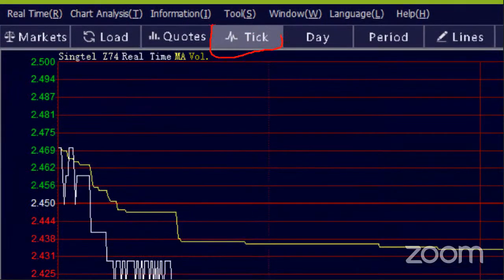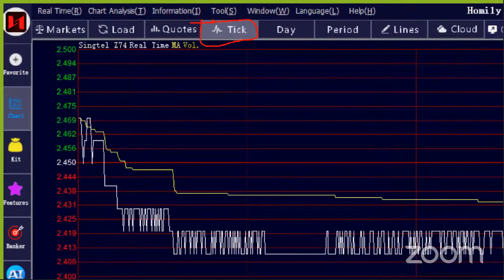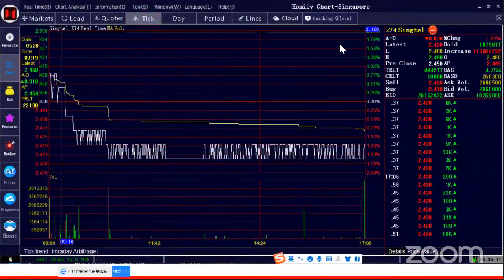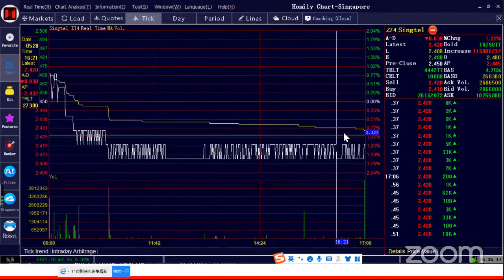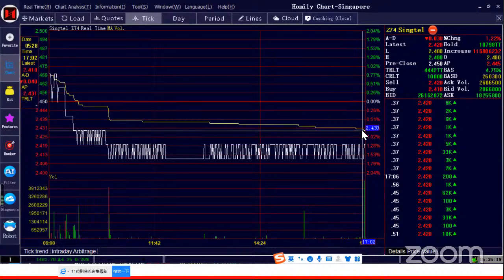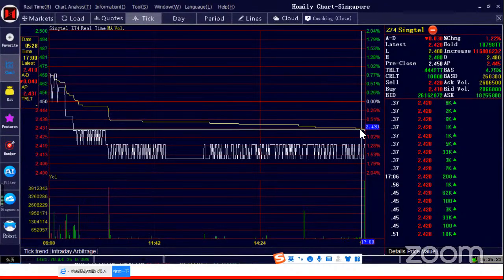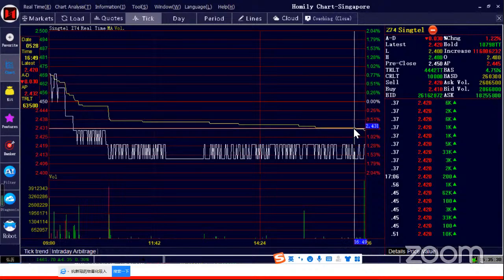All right, click here, tick. So you will see this tick chart. This tick chart is very useful to know the day momentum, and it's also very useful if you are a day trader, intraday trader.